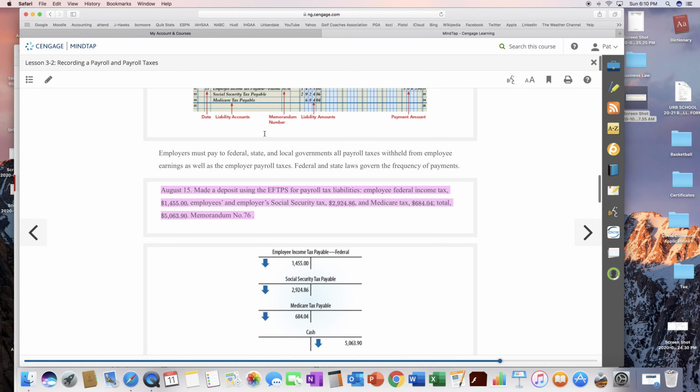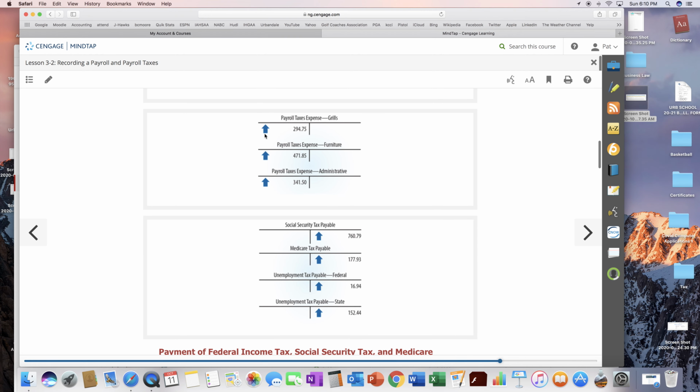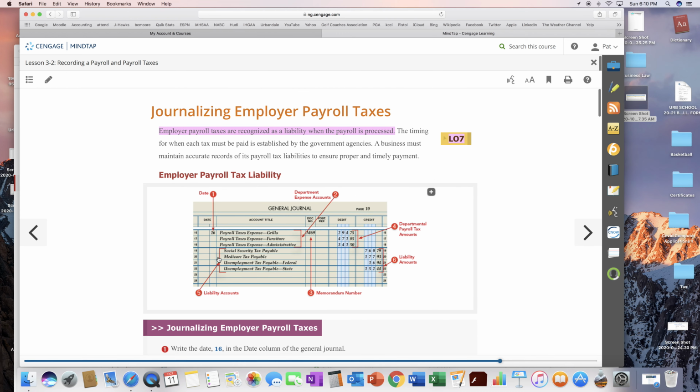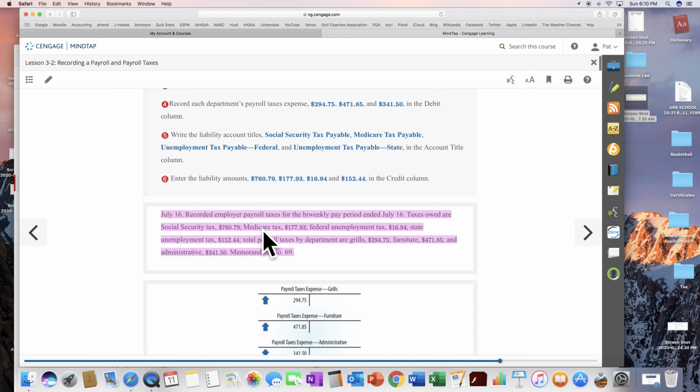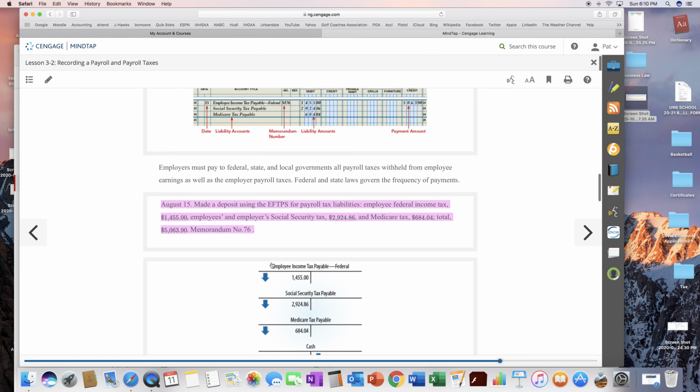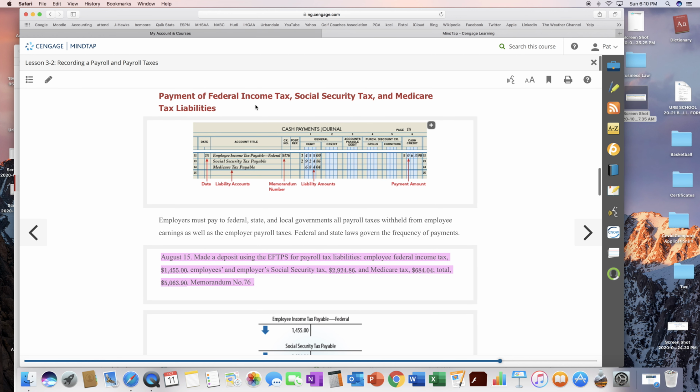Down here is just the T accounts. Down here is where they gave you those numbers. I didn't want to gloss over that. They gave you these numbers, but they're in the table too. Okay. Payment of federal income tax, Social Security, Medicare tax.